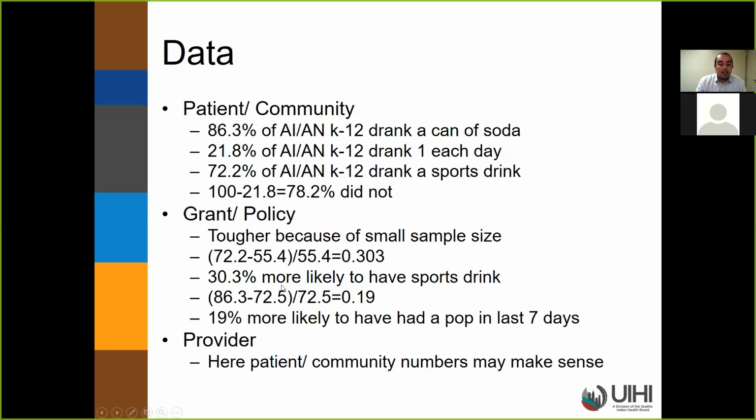So what we're able to say is that AIANs had a 30.3% increase in the likelihood of having had a sports drink over the last 7 days. Likewise, when we look at cans of soda, we're able to say AIANs had a 19% increase in the likelihood of having endorsed drinking soda in the last 7 days.